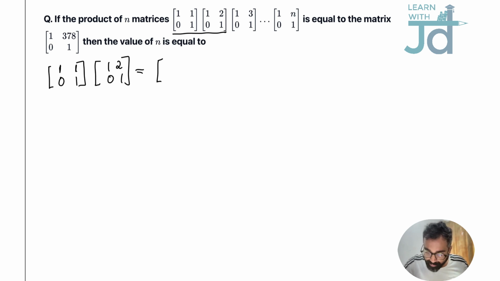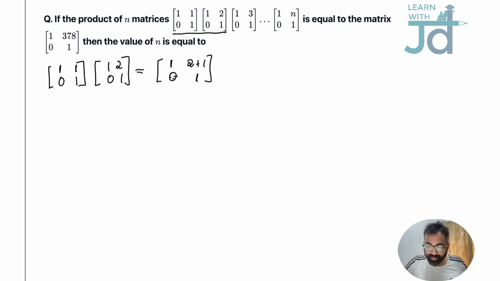So finally here it's going to be 1. Okay, and here I can multiply like this. So that will be again 2. 1 into 2 plus 1 into 1. So ऐसे आएगा 1 plus 1. Correct? And the remaining here is going to be 0. Here it's going to be 1.